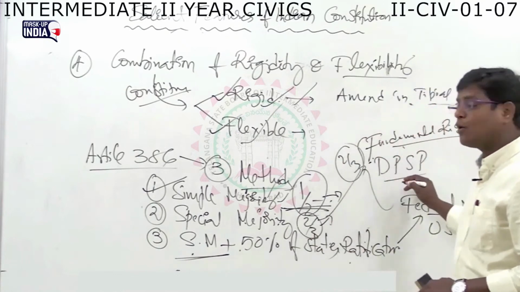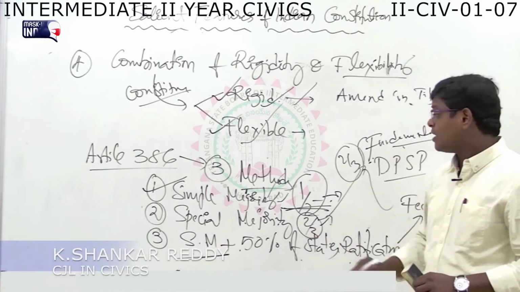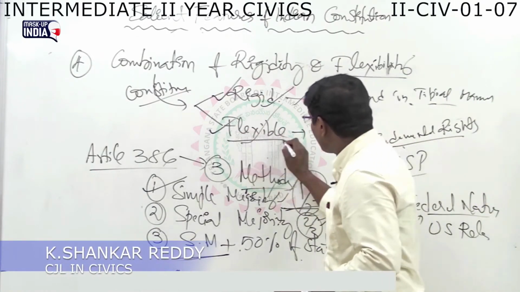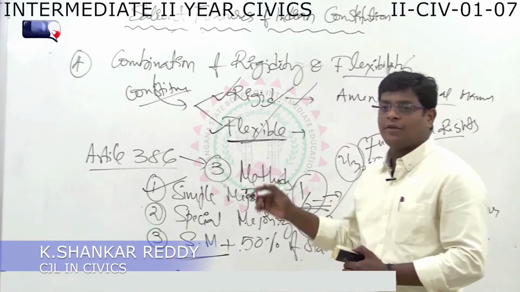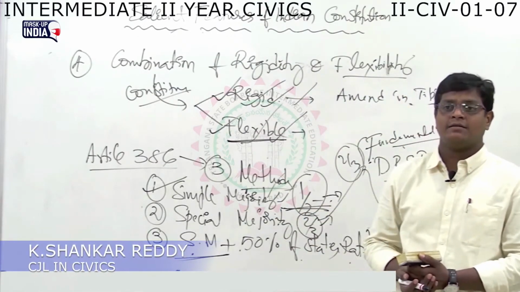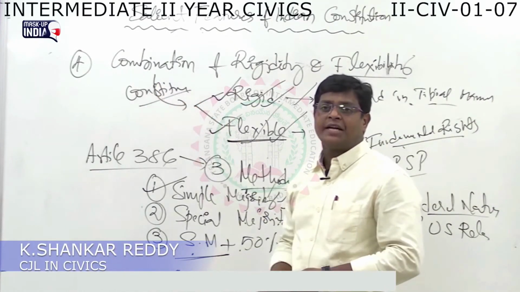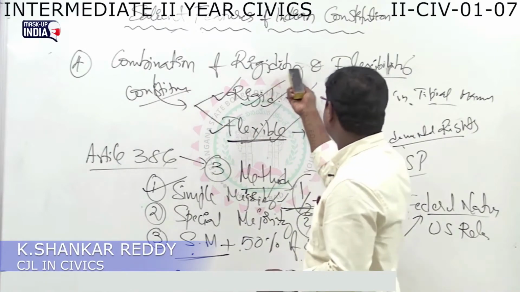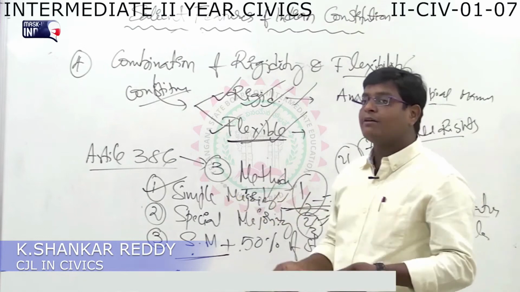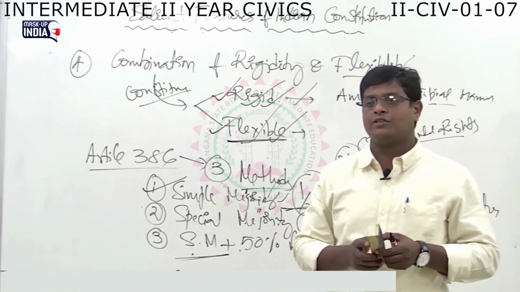For changing these provisions, it requires two-third majority. That's why we mention in our Constitution of India that some provisions are amended in a flexible manner and some provisions are amended in a rigid manner. Understood? So this is one of the salient features of the Indian Constitution, a combination of rigidity and flexibility. Understood? Because here we have rigid features as well as flexible features.